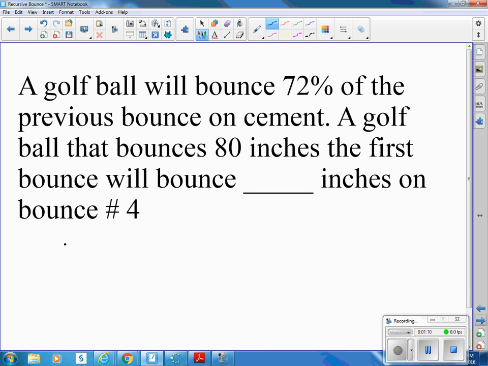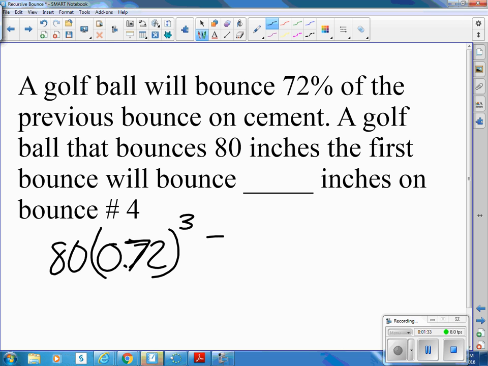So I could say 80 times 0.72, converting that percentage to a decimal. I could multiply by 0.72 3 times, or I could just raise it to the 3rd power.